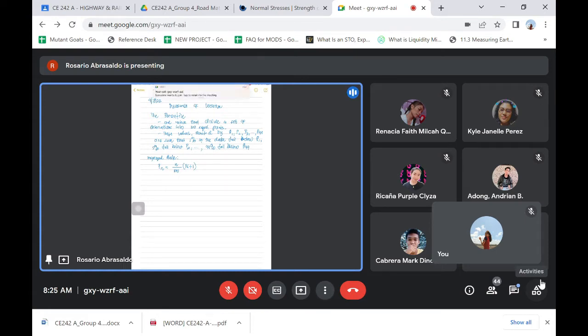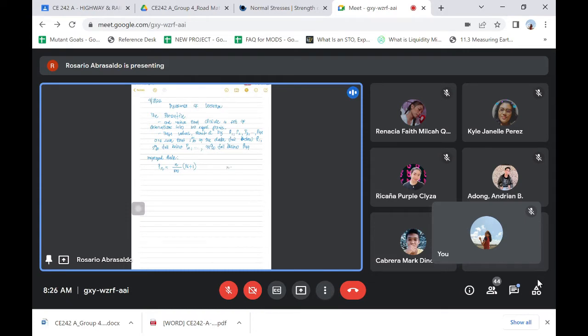Here, n is, for example, if we have the 10th percentile, the number of the percentile, the small n. The big N is the number of data or observations, taken either from a sample or from a population.